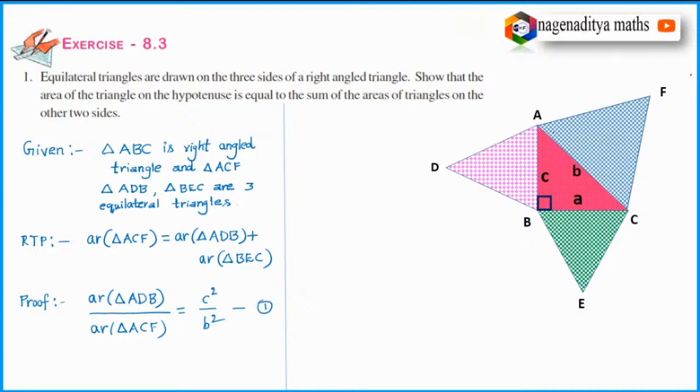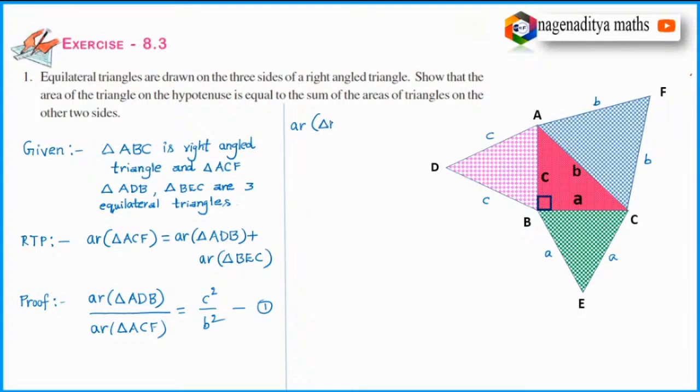So observe that here AC length is B, and FC is also B. Here this is also B and this is also B, because this is an equilateral triangle, and this length AB is C. So automatically this is C and this is C. This is BE. So this BC length is A. So this is also A and this is also A. Clear?